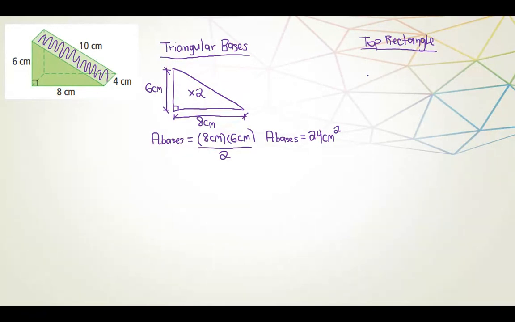From a top view perspective, it would look something like this. The length of this rectangle from the top is 10 centimeters, that's this bottom dimension, and then the width is 4 centimeters.